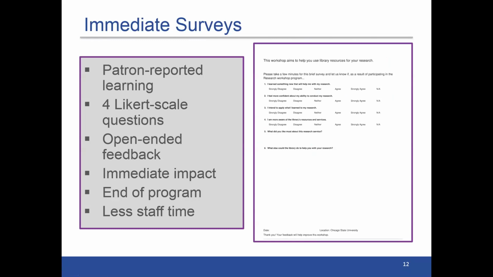It takes a little bit more work to do the printed surveys, but often we see that they get higher response rates, so sometimes it's worthwhile. The immediate surveys, the quantitative questions, have these 4 Likert scale questions, and then those 2 open-ended questions as well. And again, you can add up to 3 custom questions.